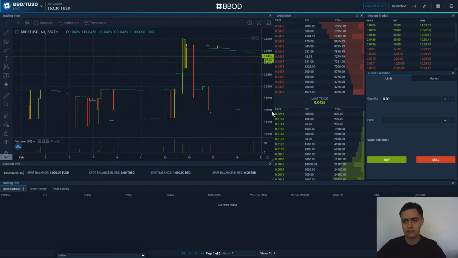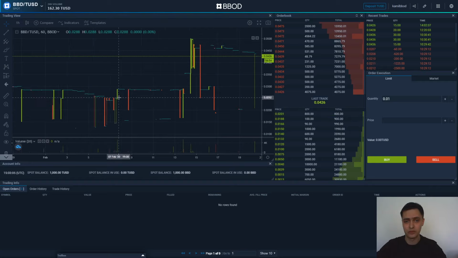The price is, the first bid is 2 cents, the ask price is 4 cents. So you can buy here, sell in here, or even just put your own bids and asks and make money out of this huge spread.